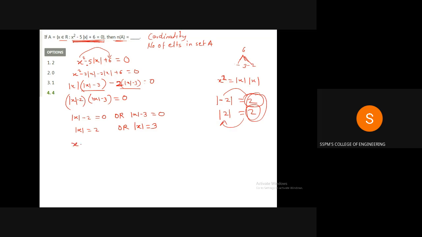Therefore, x is equal to plus minus 2, or x is equal to plus minus 3. So total elements in A are 2, minus 2, 3, minus 3. Therefore, the cardinality of that set is 4. So this is the correct option.